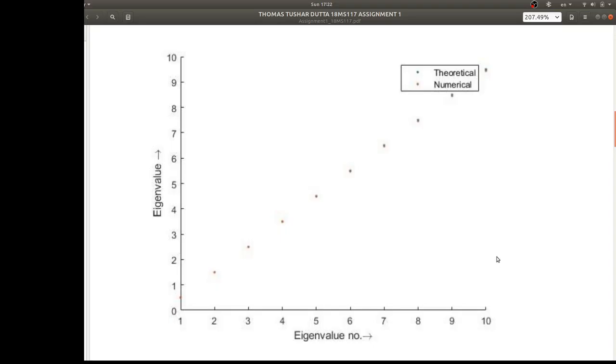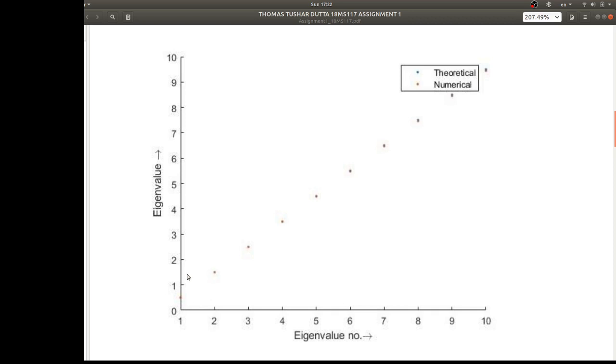Now I show the result obtained by one of the students in the first assignment. For this student the x-axis is the eigenvalue number, that means the first eigenvalue, second eigenvalue, and the value of the eigenvalue is plotted on the y-axis. So the first one will be half, the second one 3/2, and so on.